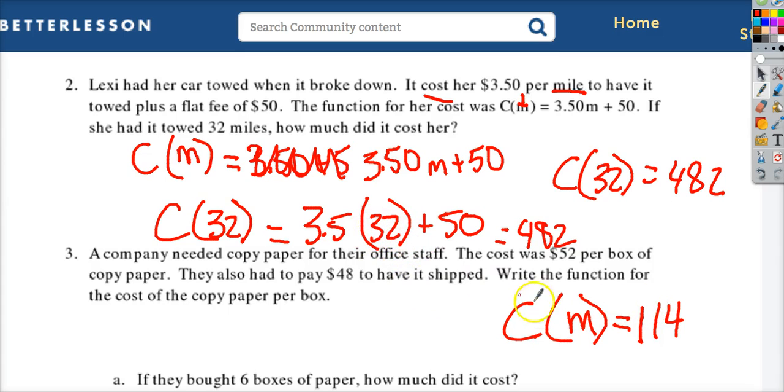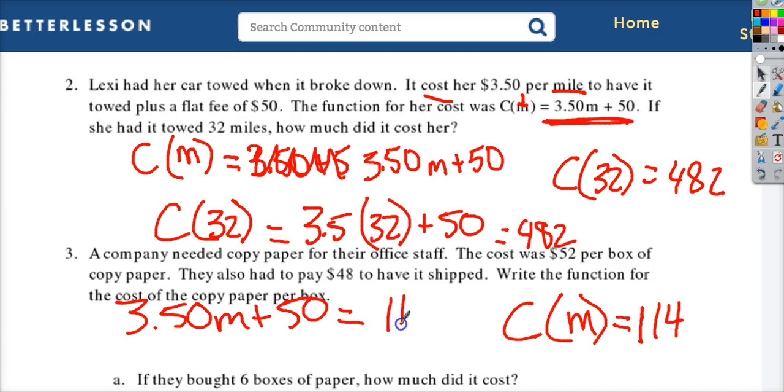So what I would do is say, okay, C of M is this equation here. That's C of M. So 3.5M plus 50 equals 114, right? This is C of M, and this is how many dollars I have. So you can subtract over the 50, and then you can divide by 3.5.